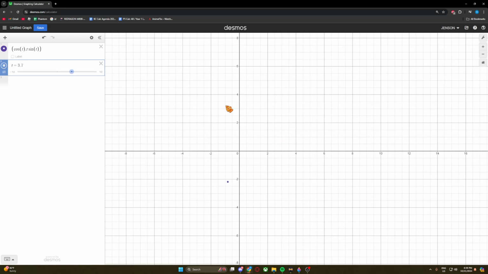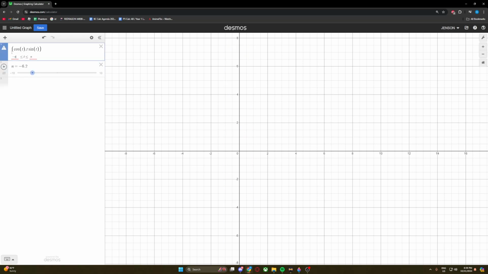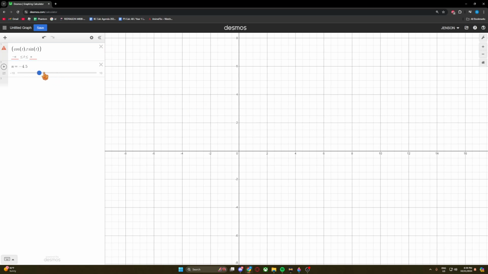Look how it jumps. Or we can label it as n and negative n. Or 0 actually. Let's look at it. Starts from there.